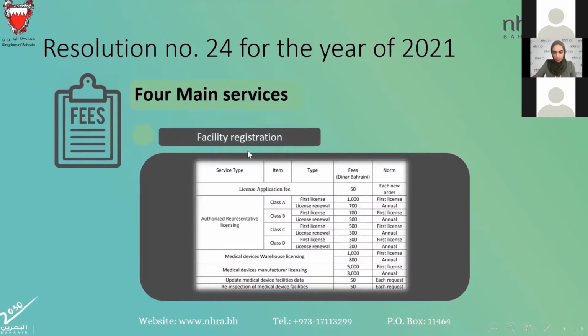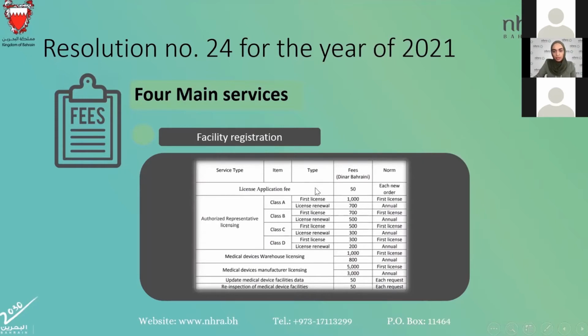Facility registration, we mean by facility the authorized representative, the importer, the first module that was covered by Engineer Umar. And we also have the warehouse and the manufacturer registration. Same goes in this service. The first application, only the first time you need to pay 50 BD per request.